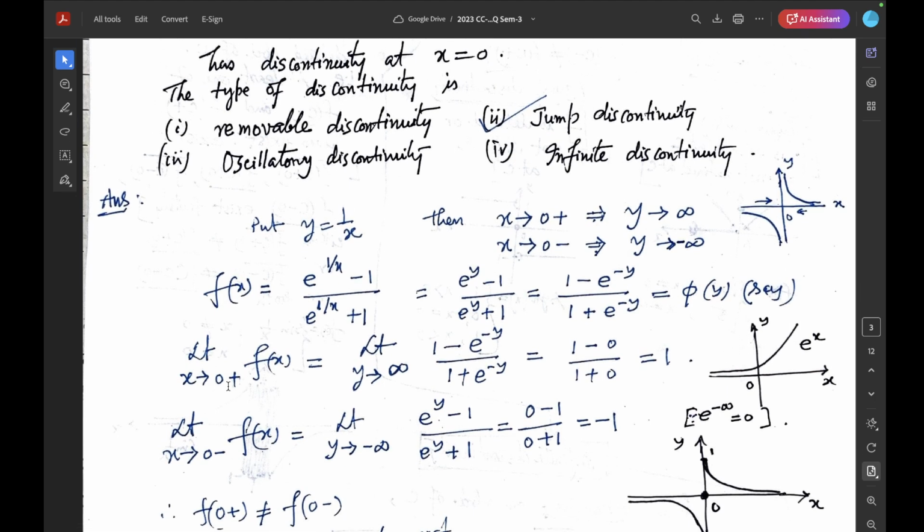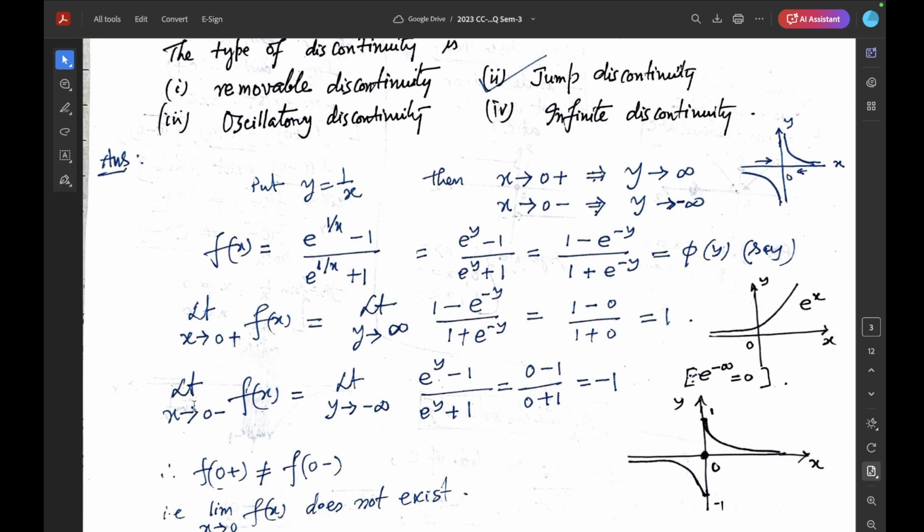So the limit as x tends to 0 plus of f(x) is the limit as y tends to infinity of (1 minus e^(minus y)) by (1 plus e^(minus y)). So 1 minus e to the power minus infinity, which equals 0, because the graph of e to the power x is this, so e to the power minus infinity tends to 0. So this equals 1.